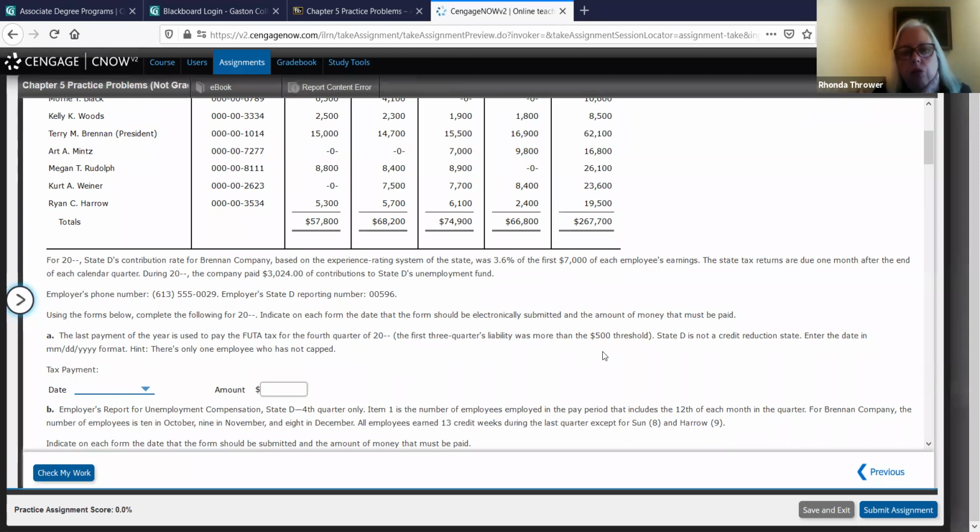And since they told you the first 3 quarters liability was more than $500, they will have to pay at the end of the year the fourth quarter taxes that are owed. The tax payment date would be on 1/31 of 2020.